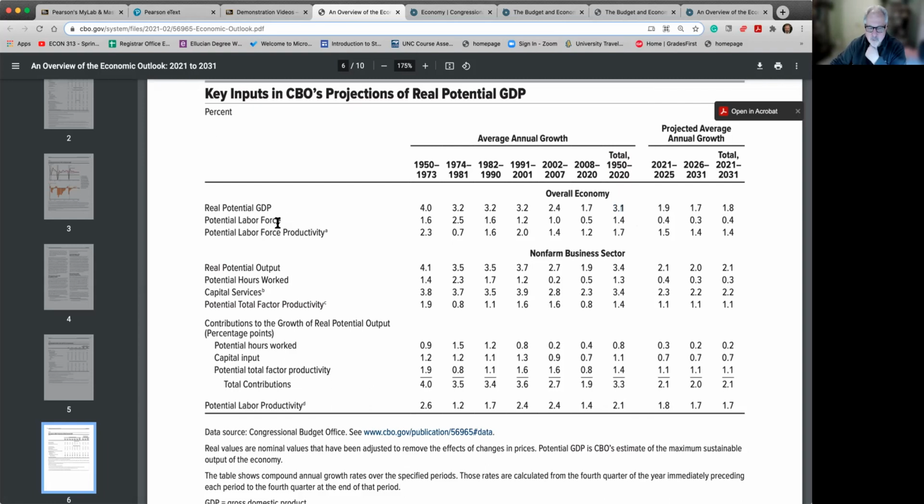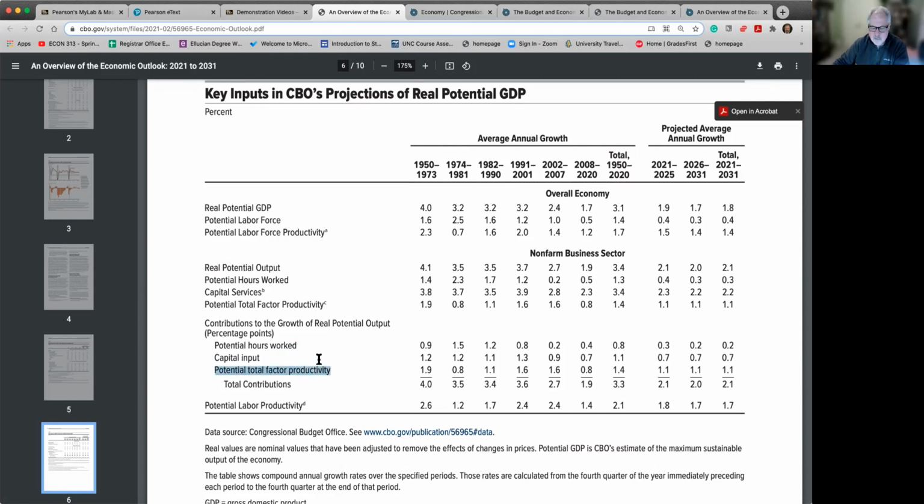What about the labor force productivity, right? That's one way you can think about this. What are the contributions to the growth of real potential output, right? This is the growth accounting that we're talking about, right? So how much of it comes from an increase in hours worked, an increase in labor, an increase in capital inputs, and an increase in the total factor productivity.